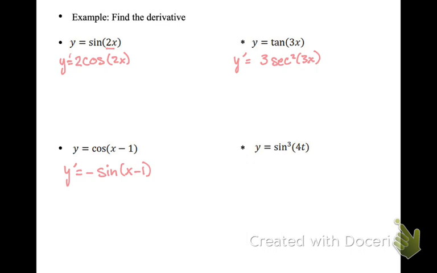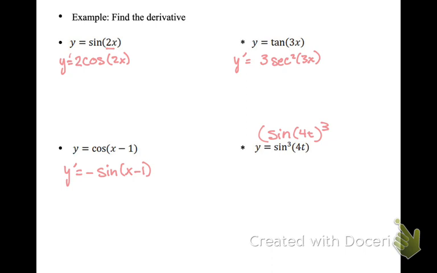Okay, so remember when the cube is on the sine, it's really the sine of 4t, all cubed. So now I've got a function in a function in a function. So I'm going to have to use the chain rule how many times? 3.